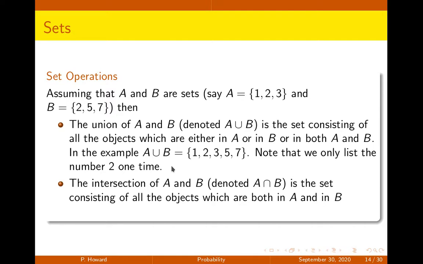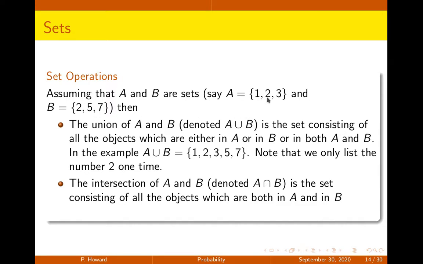The other operation is called intersection. Roughly speaking, this is the overlap, this is where the 2 sets overlap. The intersection of A and B. The shorthand notation is this A upside down U, B. A intersect B. And the precise description is, it's all objects which are both in A and in B. So if we look back at our example, we would be looking for objects that are both in A and in B. And there's only one, right?